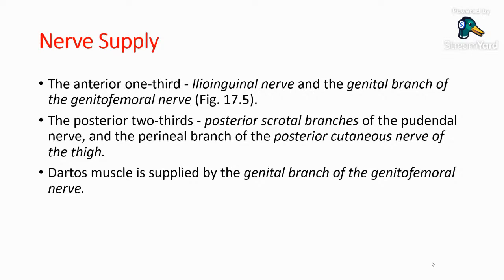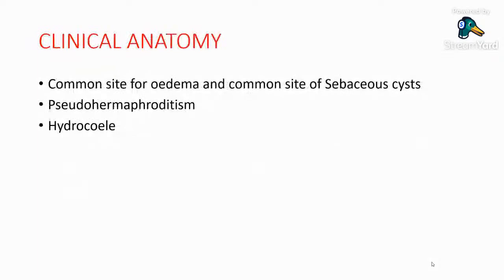So for any surgery on the scrotum, it is very difficult to give spinal anesthesia. The dartos muscle is supplied by the genital branch of the genitofemoral nerve. So this is the nerve supply to the scrotum.